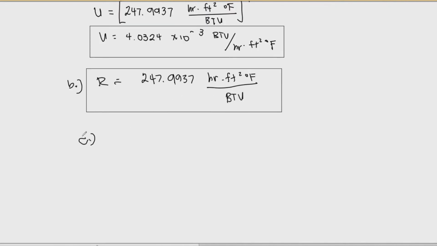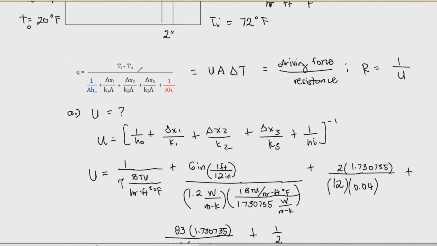For the heat loss per unit area, what we have here is this formula. Basically, if we have Q and U, we just have to take Q over A from this equation.